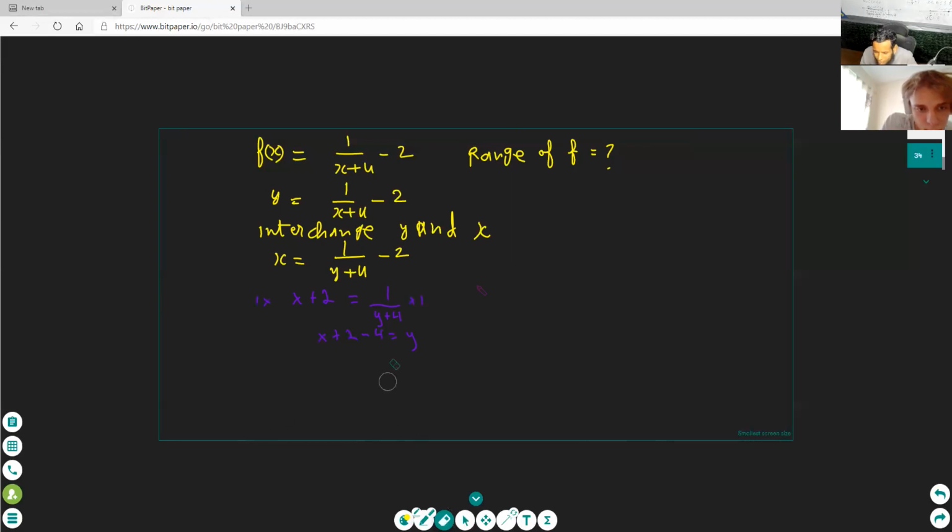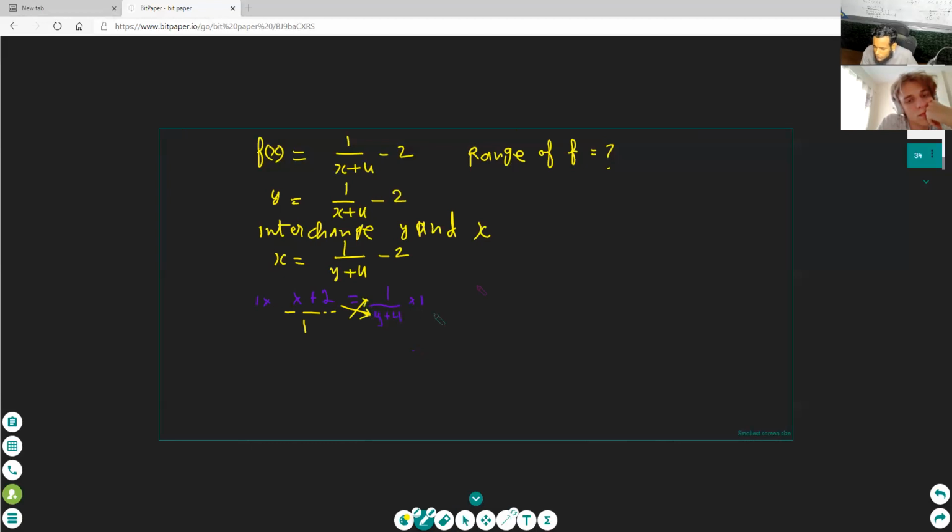Wait, how can you do this? How can you do it? Wait, you should tell me the method. You can do cross multiplication. You can multiply x plus 4 on both sides. There are two methods, okay? You multiply them on both sides.